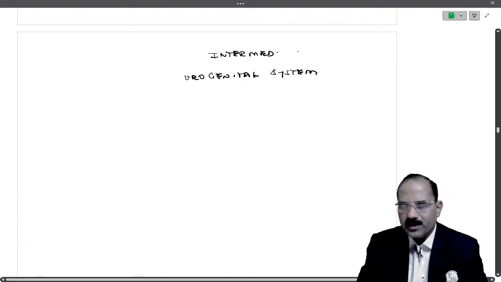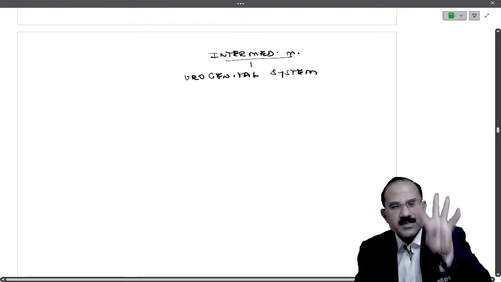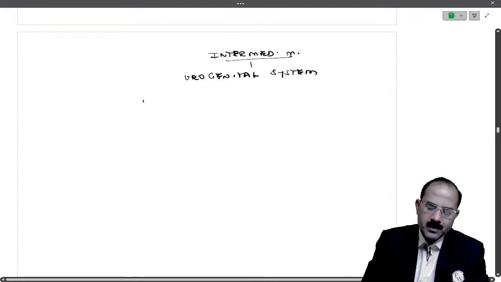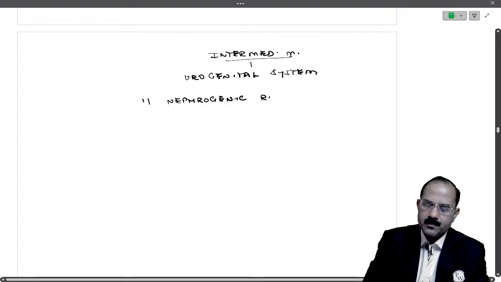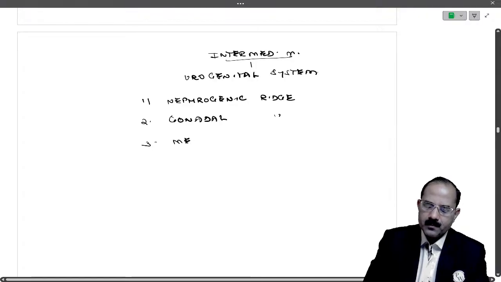The intermediate plate mesoderm forms the genitourinary system. There are 4 things which are formed in this intermediate plate mesoderm. Can anyone tell me what these are? It forms the nephrogenic ridge, gonadal ridge, mesonephric duct, and paramesonephric duct.